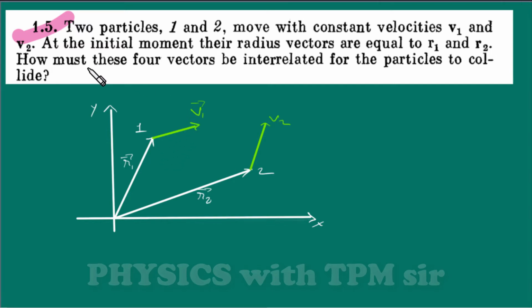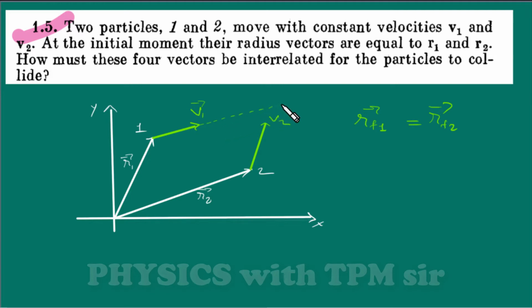Now, we want them to collide. So, for collision, one thing is sure: they will collide at one position only. If they are colliding, then their position at the time of collision should be the same. So the final position of particle 1 should be equal to the final position of particle 2.